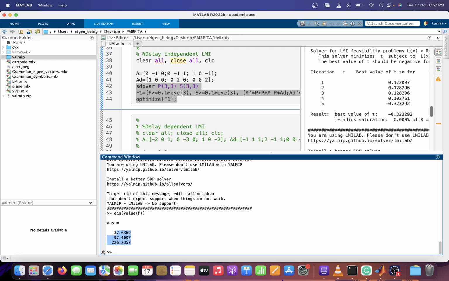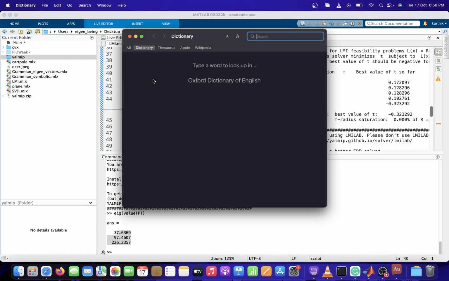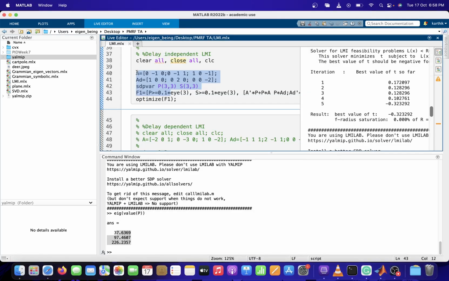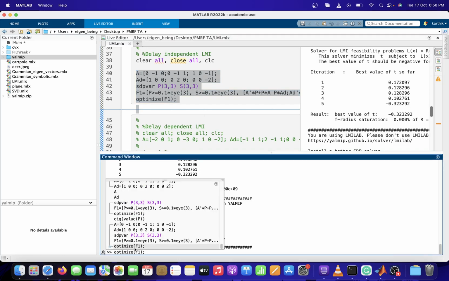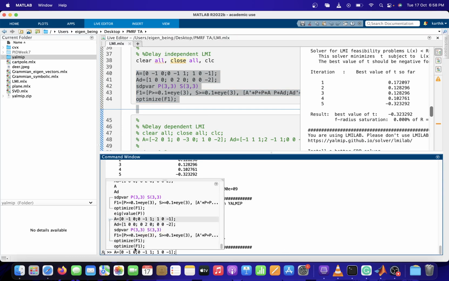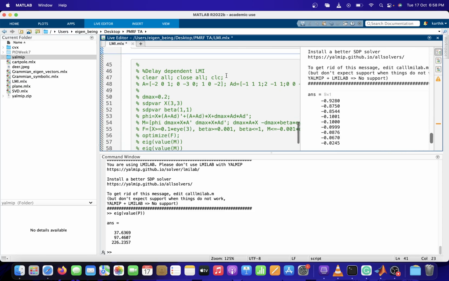Now if I make changes here, let's take -2 here and run the same code. So this is delay independent stable.